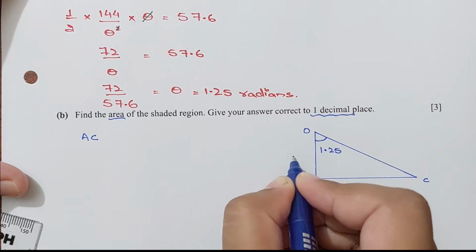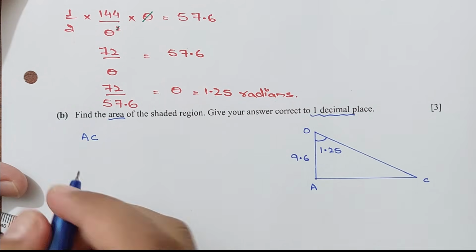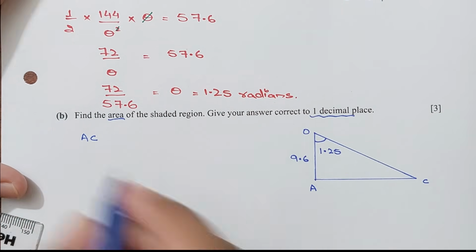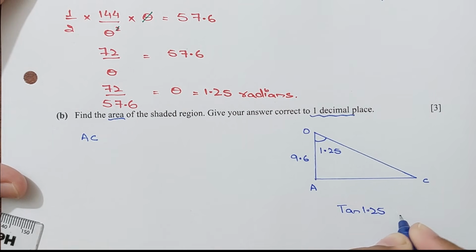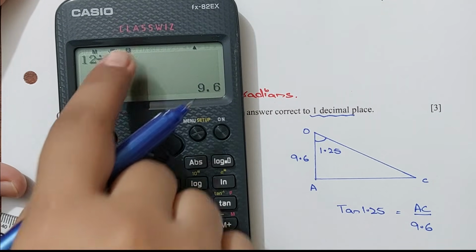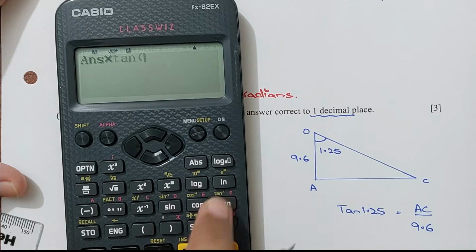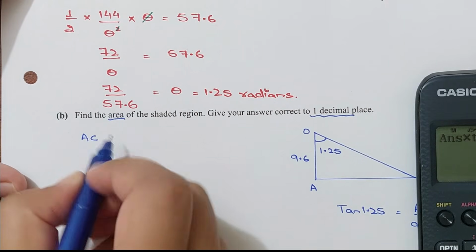We have given OA, which is 9.6. So we have to find opposite and adjacent, right? So using the ratio for tangent, we can say tan 1.25 is the opposite side AC over the adjacent side 9.6. So to solve for AC, we have to do 9.6, in radians, right, times tangent of 1.25. This is 28.89. AC is 28.89.